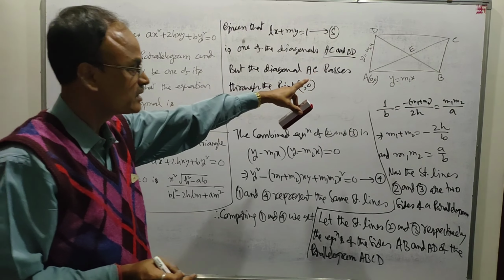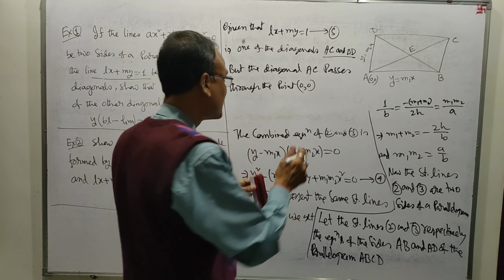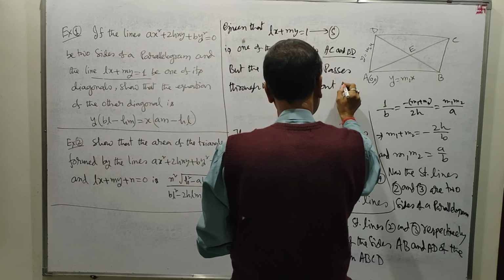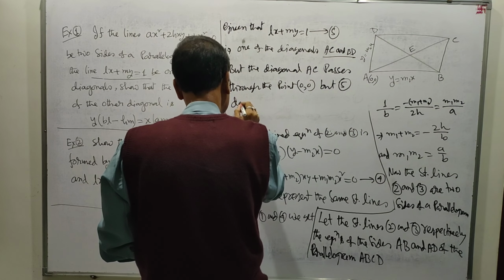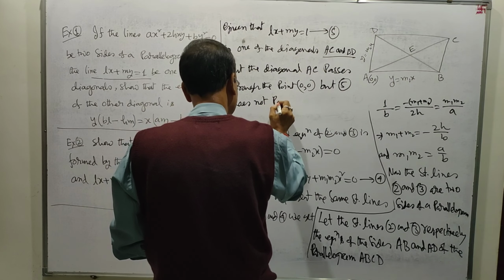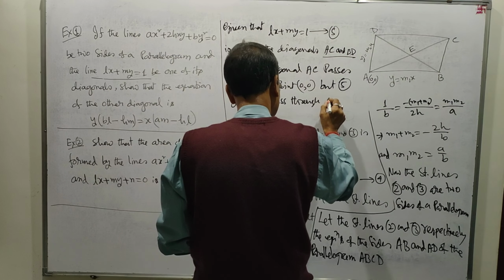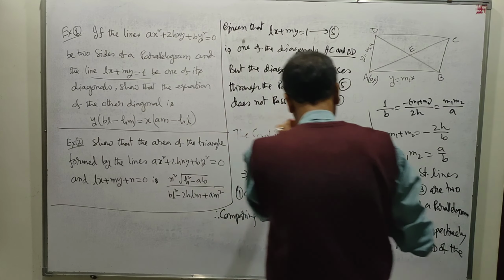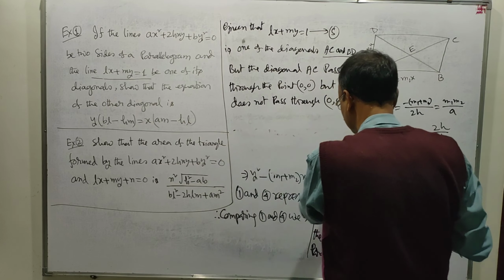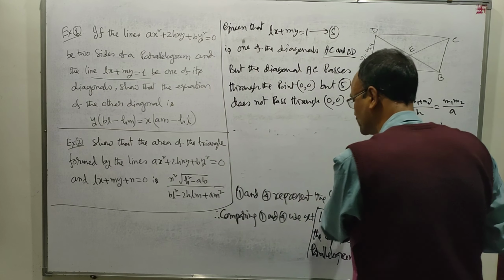From the diagram you can easily see. But 5 does not pass through 0, 0. Therefore, 5 does not pass through 0, 0.